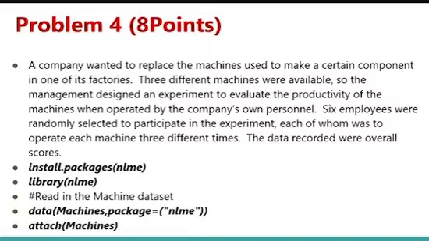Now, a company wanted to replace the machine used to make a certain component in one of its factories. Three different machines were available. Oh my God, take a look at that. Three different machines were available.